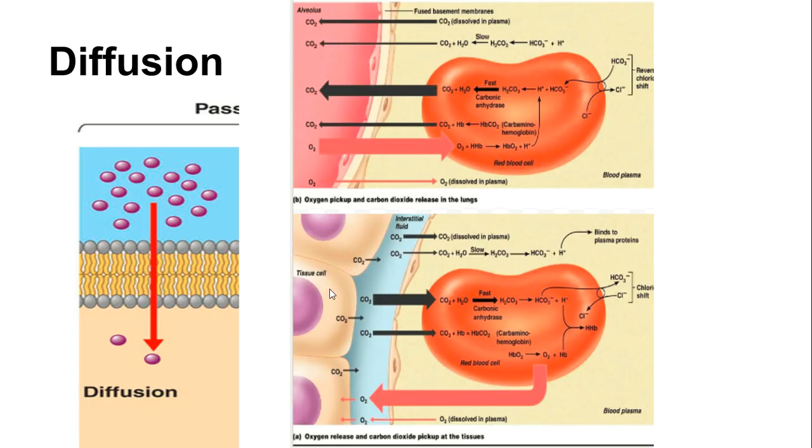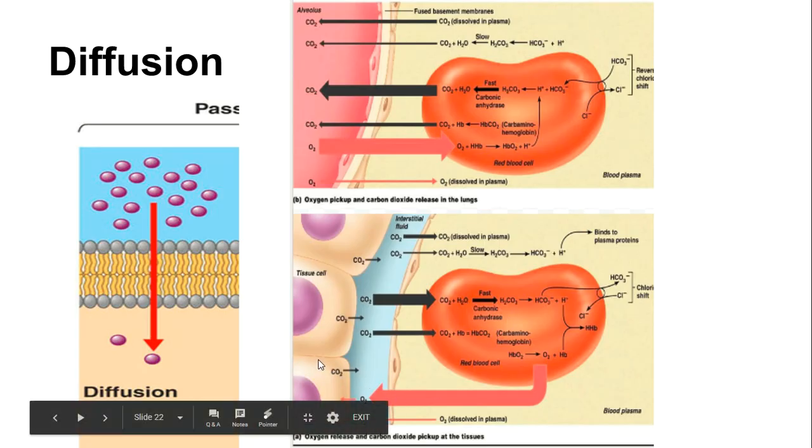As CO2 builds up inside the cells, it's going to exit the cells and get picked up by red blood cells. At the same time, in order to keep on doing cellular respiration and keep on breaking down carbohydrates, all cells need oxygen. So the oxygen is going to go from where there's a lot of it in the red blood cells into our own cells.